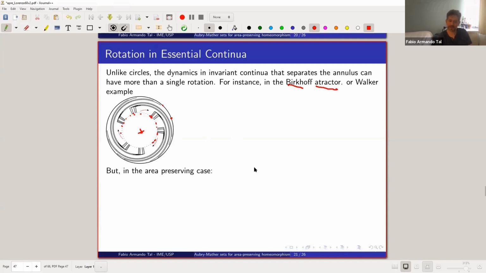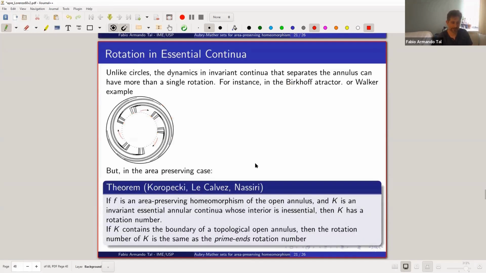But in the area-preserving case, there's this important work by Andres Koropecki, Patrice Le Calvez, and Meysam Nassiri that says that if you have an essential continuum whose interior is inessential, so if you don't have anything which is thick separating the annulus in two parts, any of this continuum which goes from one boundary to the other, then if the dynamics is area-preserving, you can only have one single rotation number in this object.